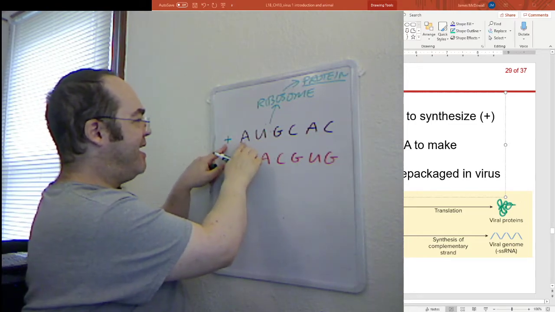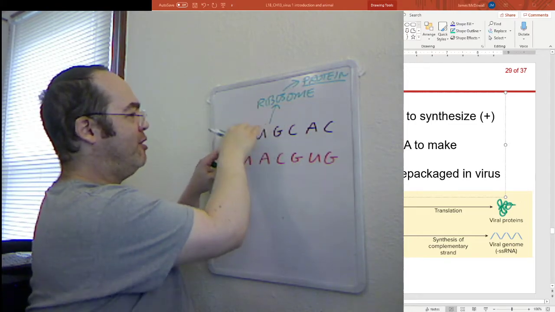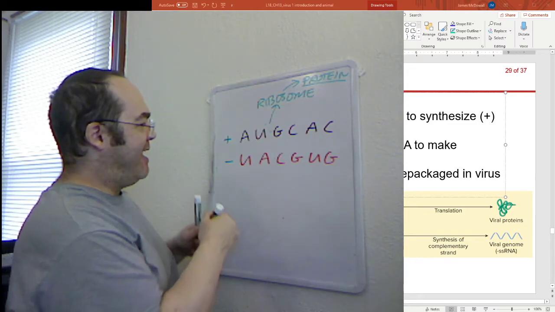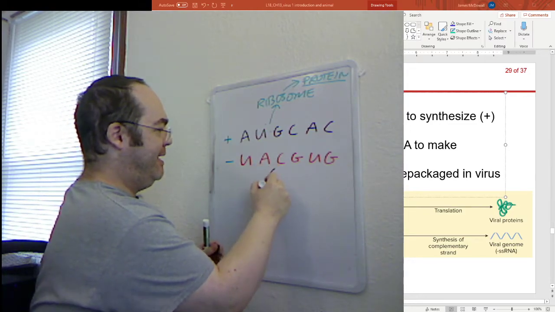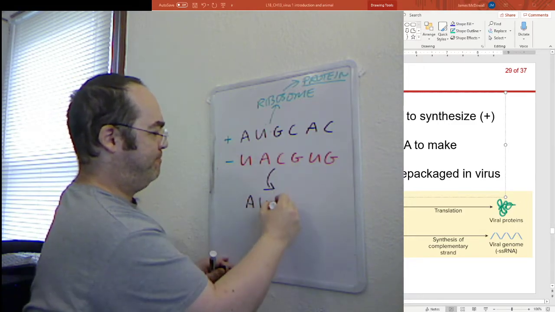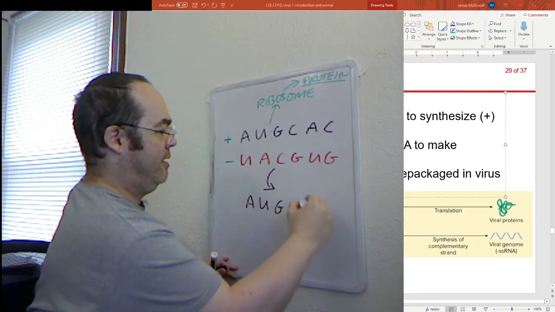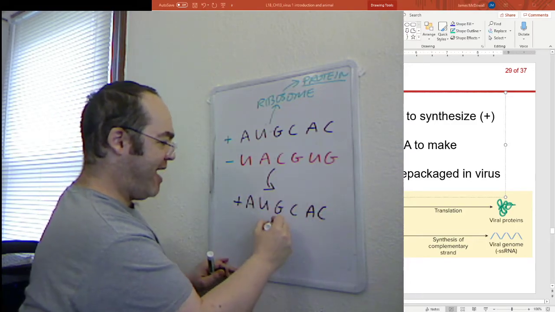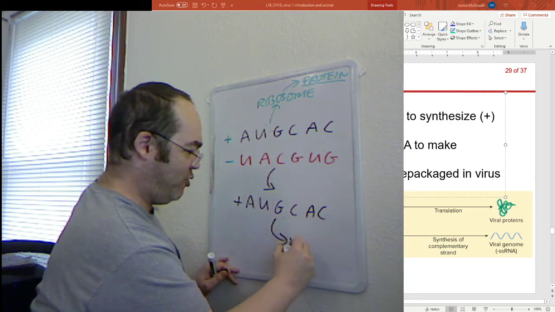So the positive strand is set up for a ribosome to read it. The negative sense strand has to be turned into the positive sense strand. And then the positive strand can be turned into a protein.